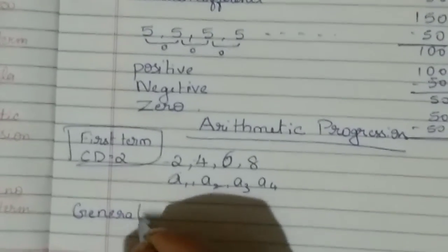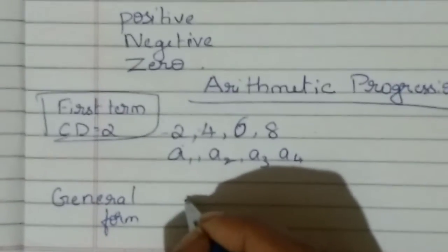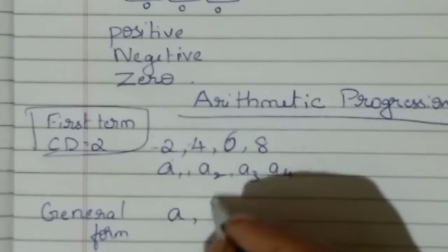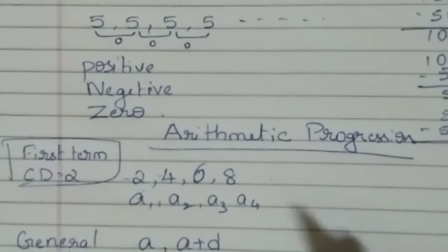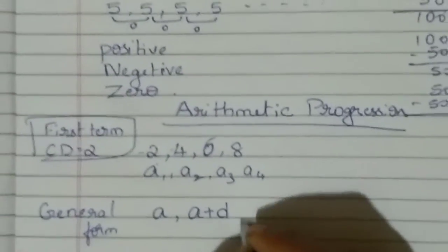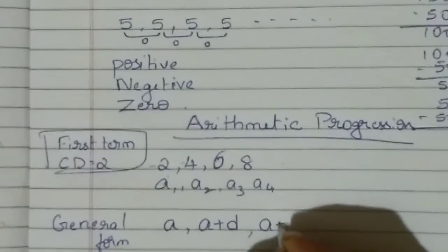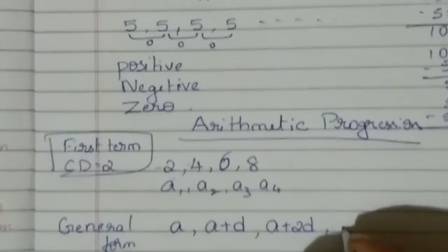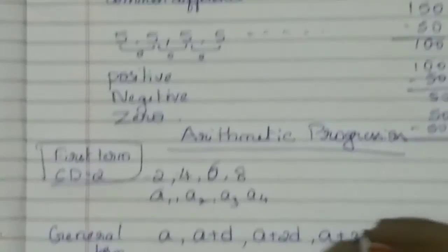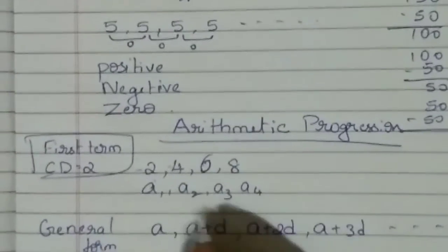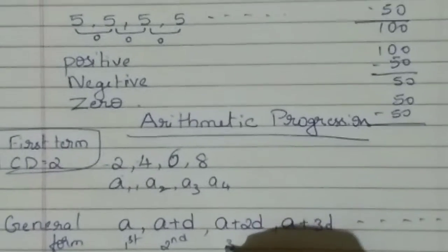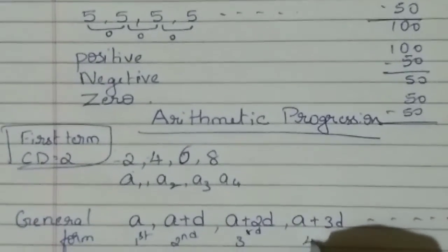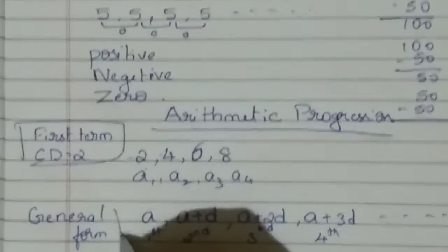See, the first term will be A. Second term is A plus D, where D is the common difference. Third term A plus 2D. Fourth term A plus 3D. It will go on. First term, second term, third term, fourth term. This is the general form.